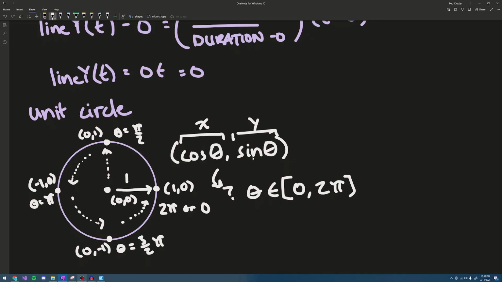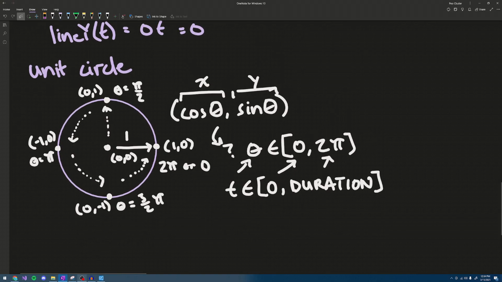If we increase theta, and we get this circular motion, that's what we want for the spiral animation. If we change theta, what should we change it to? Well, similar to linear interpolation, time is our function to create the animation. We actually need to make things in terms of t. So we need to map our time, which is 0 to duration, to this.